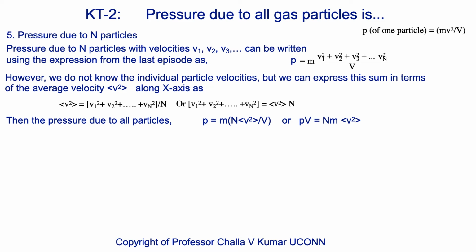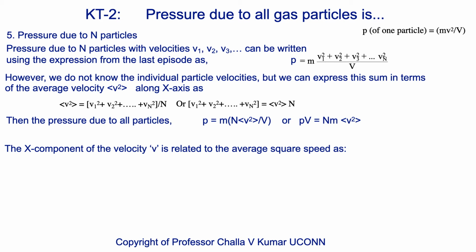So still, we're in a bit of trouble here because we are looking at the average velocity squared along the x-axis. However, this will be rather difficult to measure. So we would like to instead write this as the average velocity in any given direction. And we can readily do so by looking at the vector analysis.